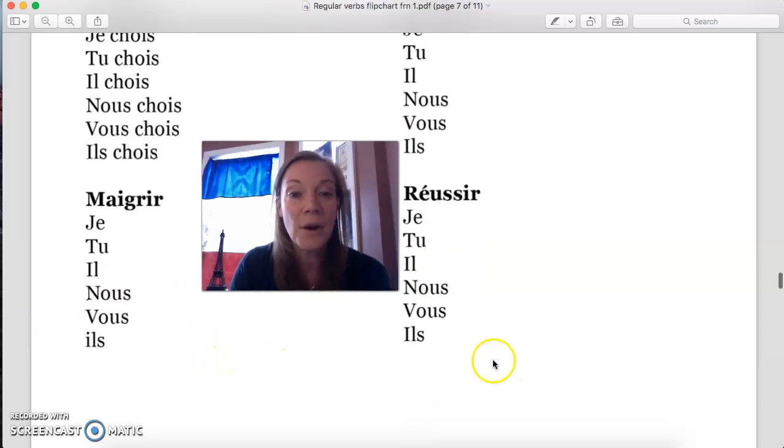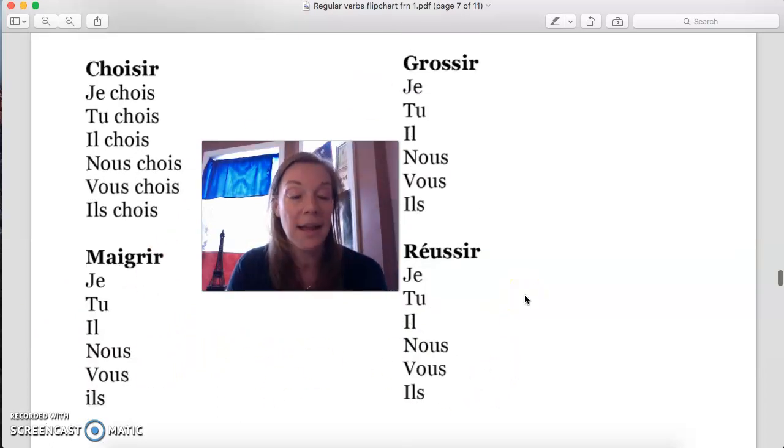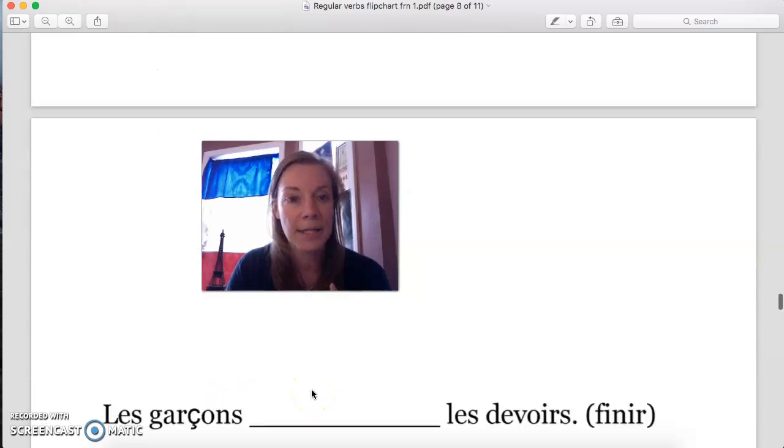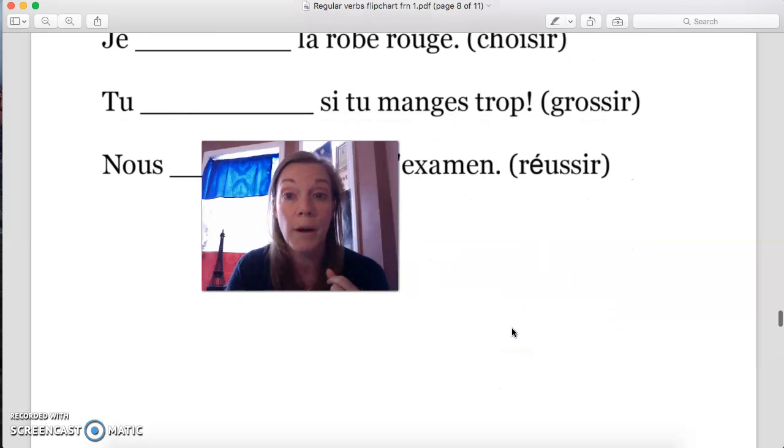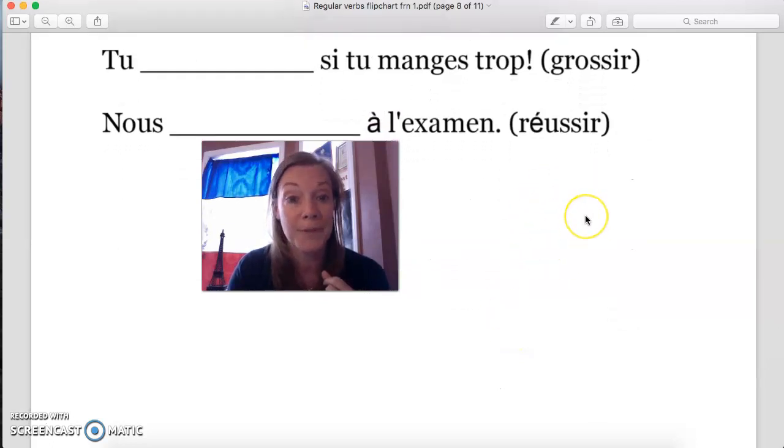So I've given you those verbs to practice, and it's the same thing as up above. Take a look at the verb itself, cross off the ending, add the correct endings, conjugate the verb for each different subject. Here's some more practice with IR verbs. Fill in the blank with the correct form of each of the different verbs.